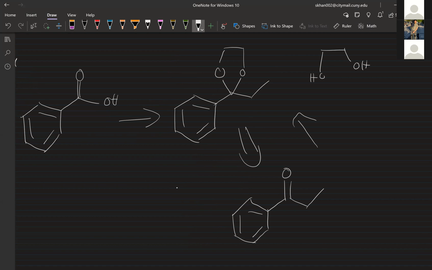Can we go directly from a carboxylic acid to a ketone? Were there any reactions that do that or no? No, right? But can we make ketones out of any of the derivatives? Which ones?